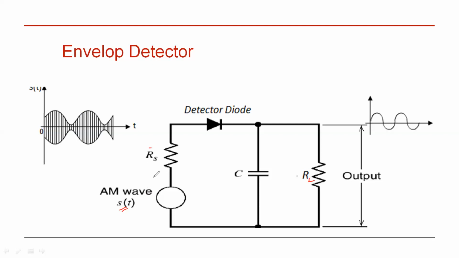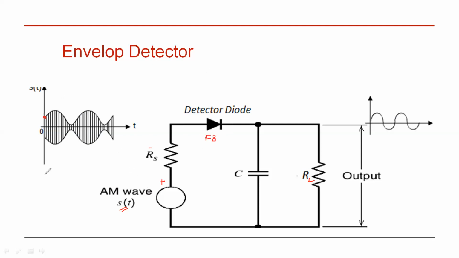So what will happen during the positive half cycle? You can see the modulated amplitude modulated wave here and the message signal. During the positive half cycle of the wave, the diode is forward biased.